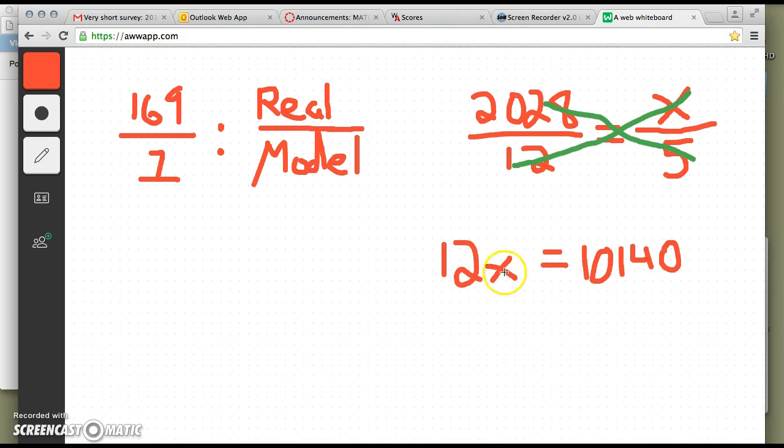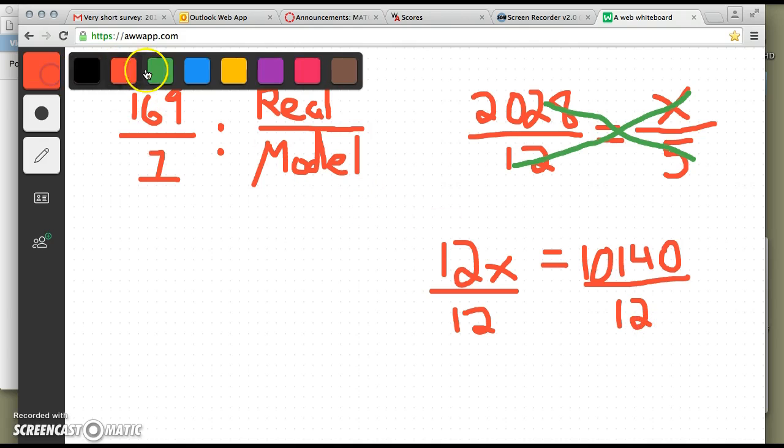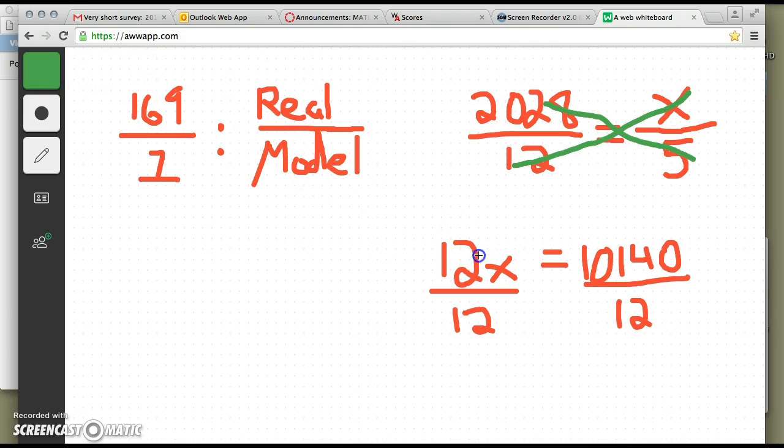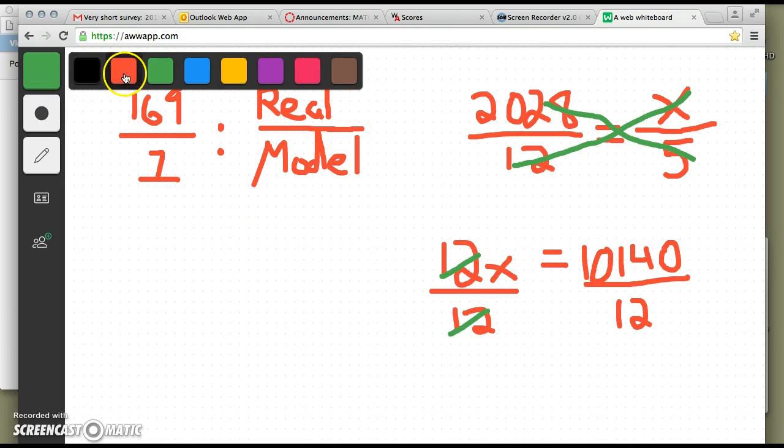If we need to solve for x, we have to divide both sides by 12. On the left-hand side of our equation, the two 12s cancel out. All we are left with is x, meaning we have gotten it by itself, which is exactly what we were looking for.